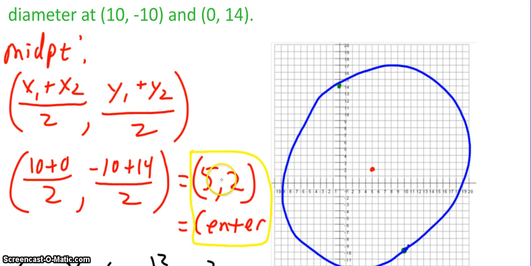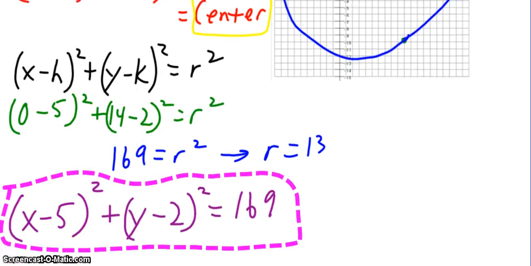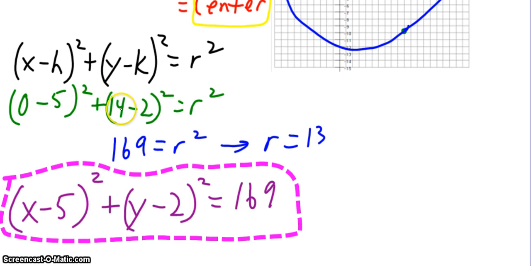Plug in those values, and I end up with the point (5, 2). That's my center. Then I used the equation of the circle and one of the points, because this is the same thing as the distance formula or the Pythagorean theorem, to find r squared. So I plugged in 0 for x and 14 for y when h is 5 and k is 2, and that's how I got r squared was 169. That's how I get my equation of the circle.